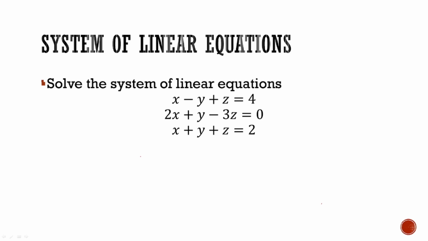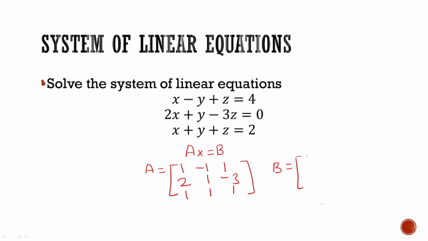First we have to write this system of linear equations in the form Ax equal to b, where the matrix A is the coefficient matrix. The coefficients are 1, minus 1, 1, 2, 1, minus 3, 1, 1, 1. Then the column vector b is 4, 0, 2.